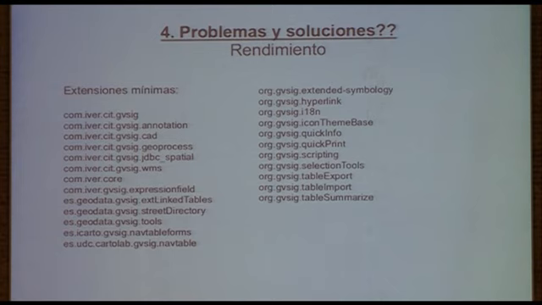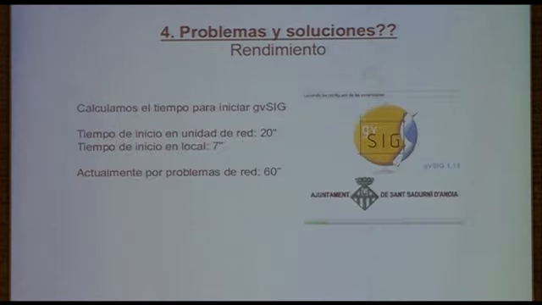To export tables, we needed table export, import, and summarize. And quick info, quick print was very useful, and also hyperlink was necessary too. So we decided to go for these extensions.